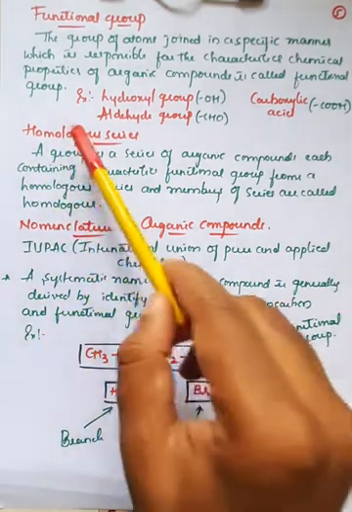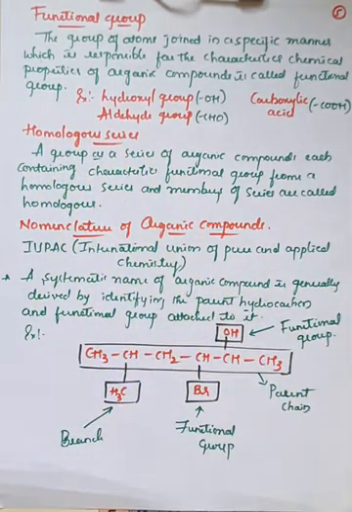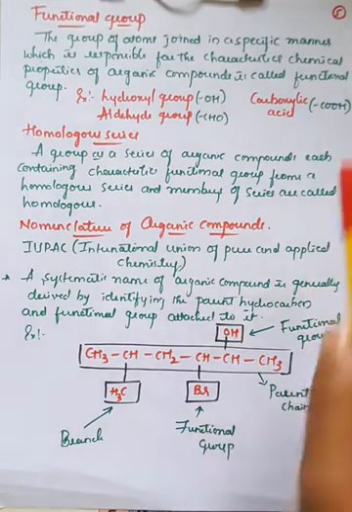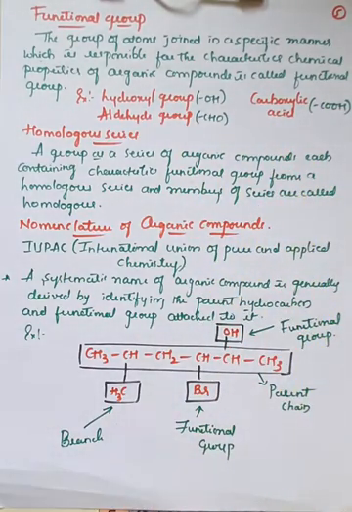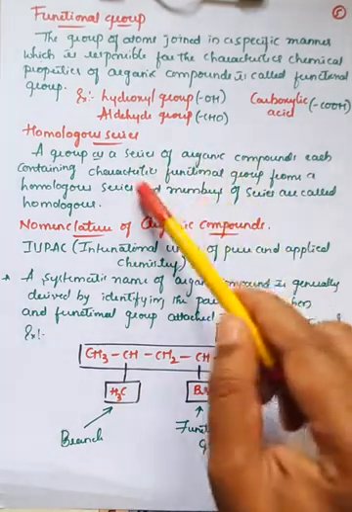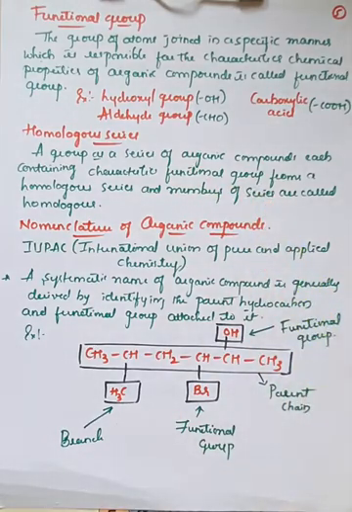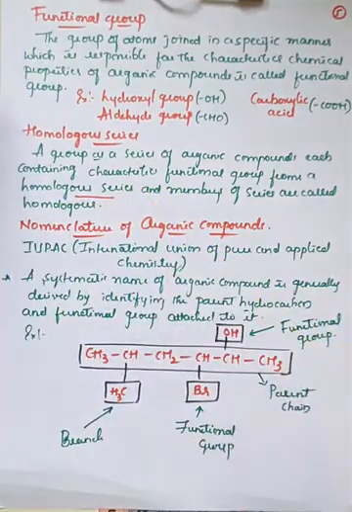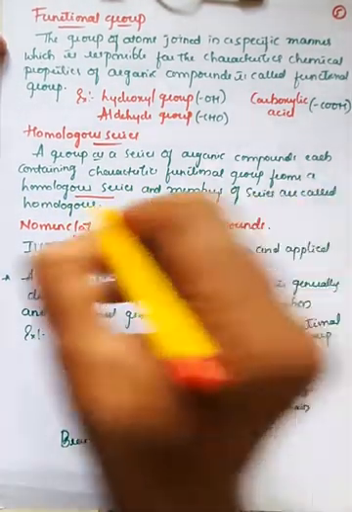In the case of a homologous series, it is a series of organic compounds. Whenever there is a connection between 2 or more organic compounds, they consist of a particular type of functional group, which forms the homologous series. It will form a complete series, and the members of this series are called homologous.